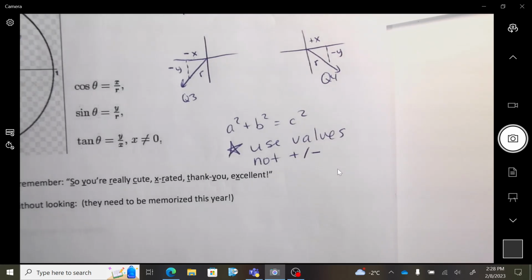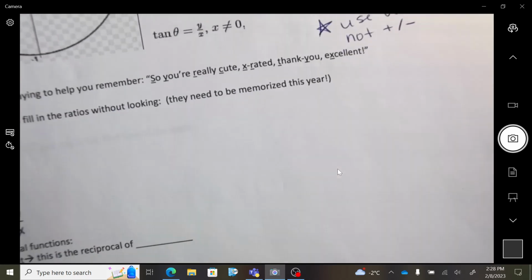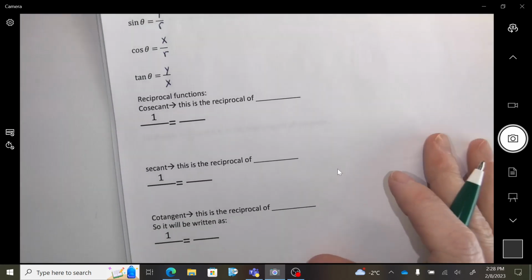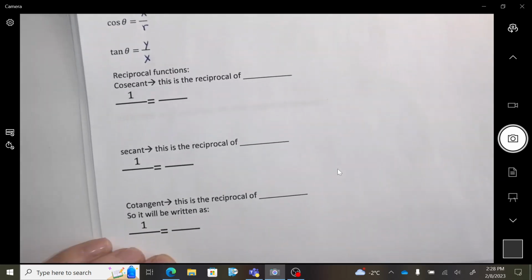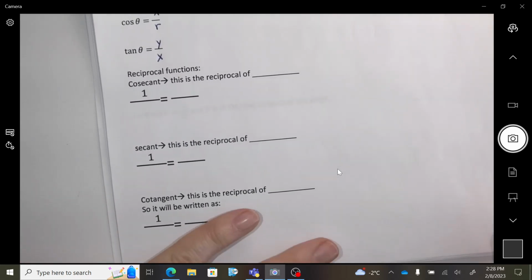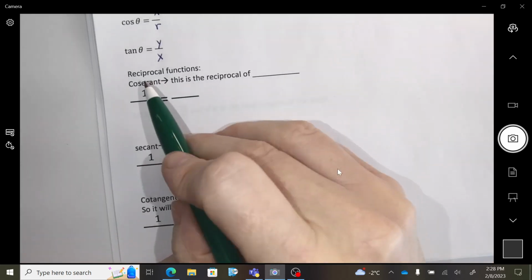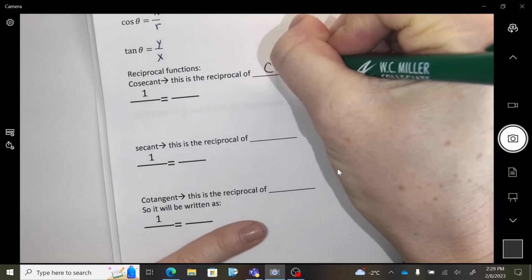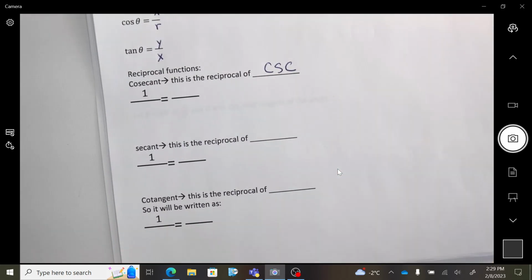Okay, so that was all last year. Now, this year we're going to add 3 functions. The first is called cosecant. Here is the abbreviation for that.